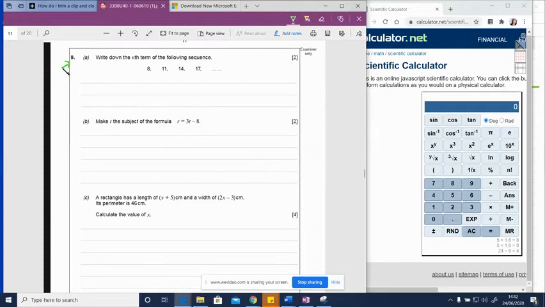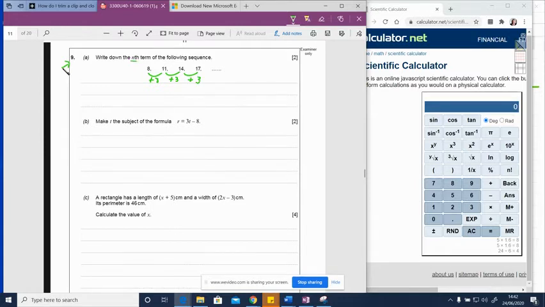It asks us to write down the nth term of the following sequence. So looking at this sequence, I can see that the difference between each of the numbers in the sequence is that you have to add 3 to get to the next number.